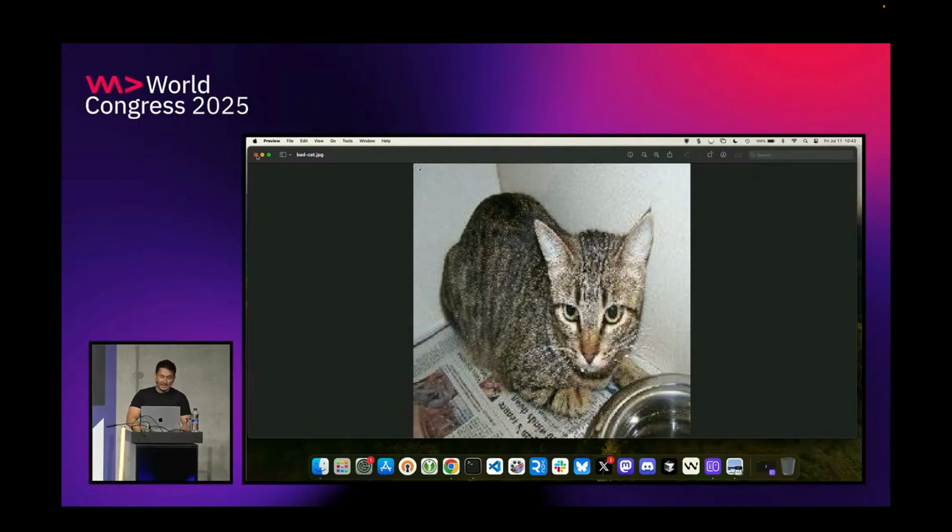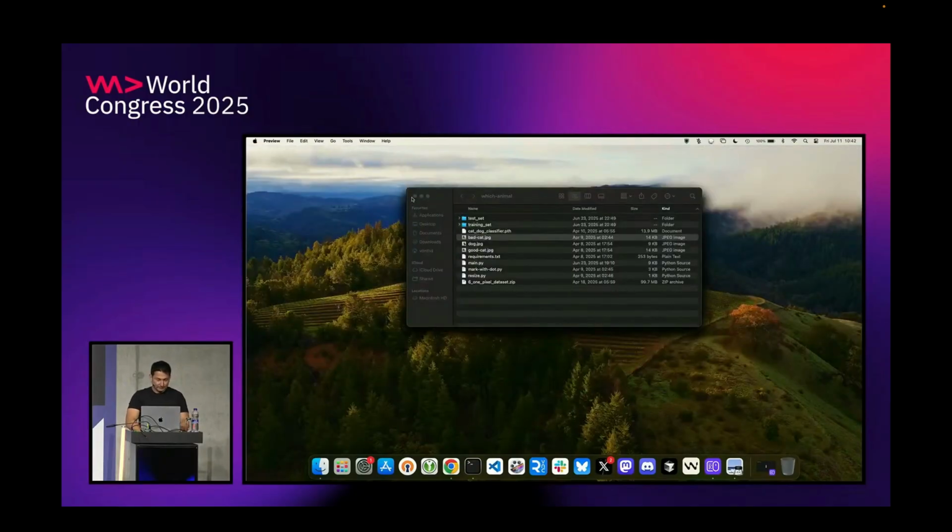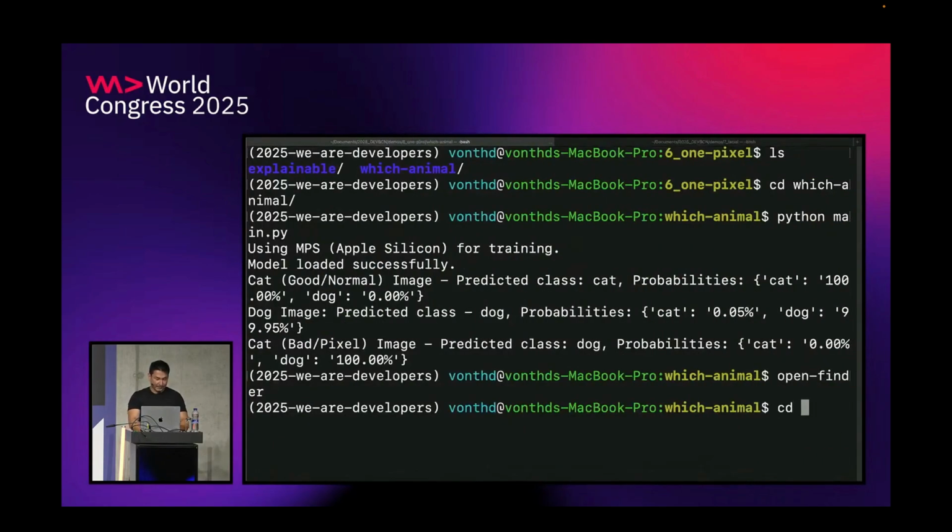So what does that look like in Captum, right? Yeah, I got 10 minutes left. Ooh, all right.